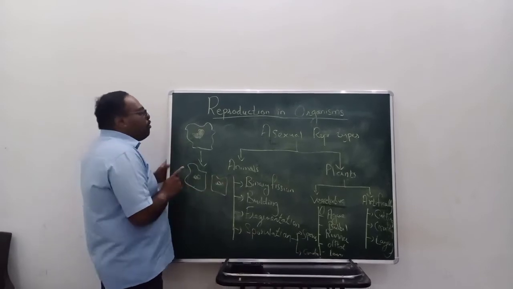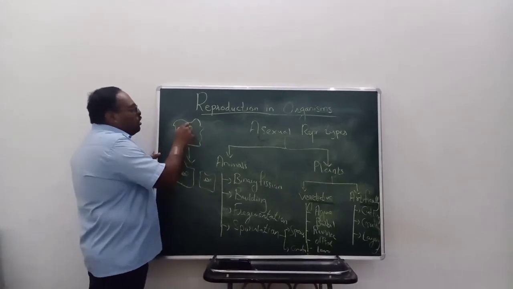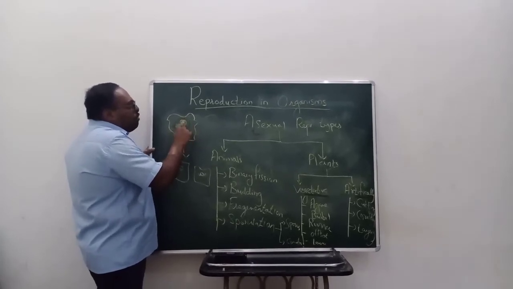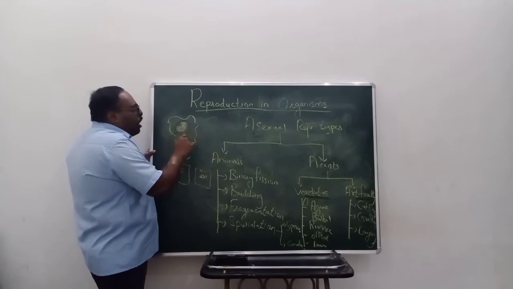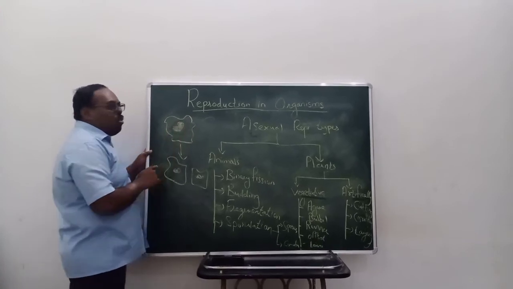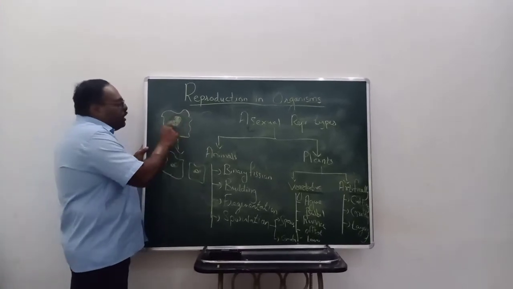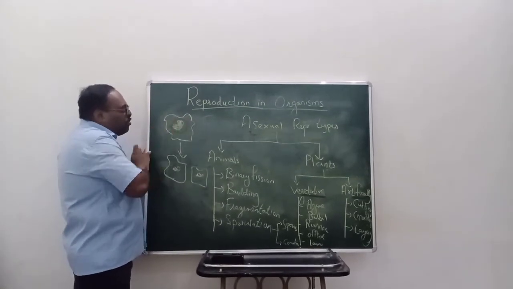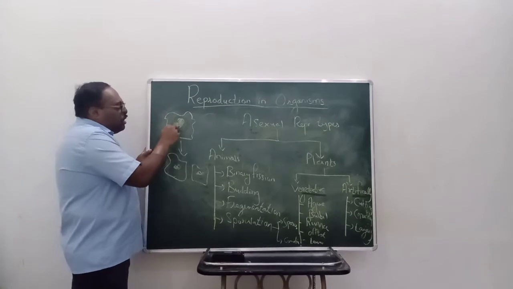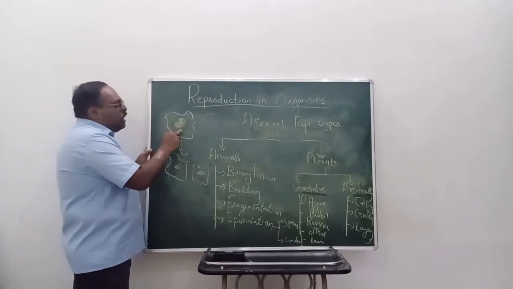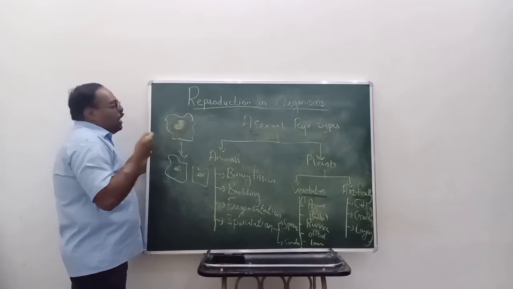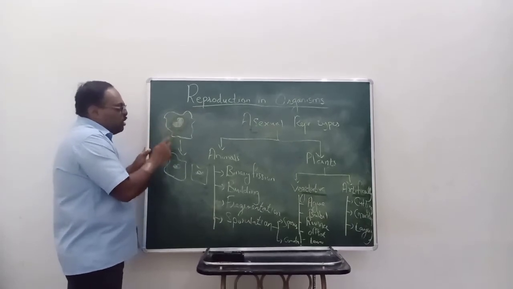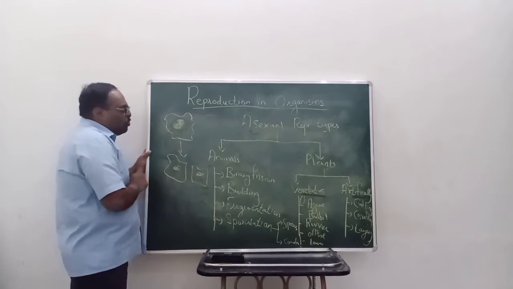Remember, in lower forms of organisms there is no nuclear membrane, that is, no membrane covering the genetic material. Since they don't have any covering over it, first the genetic material present inside this amoeba will divide mitotically, and then they will divide into two.